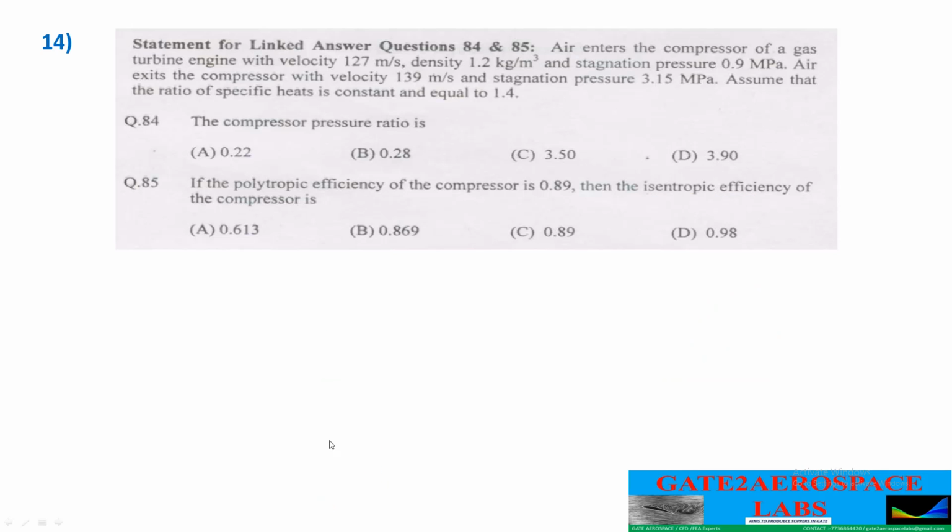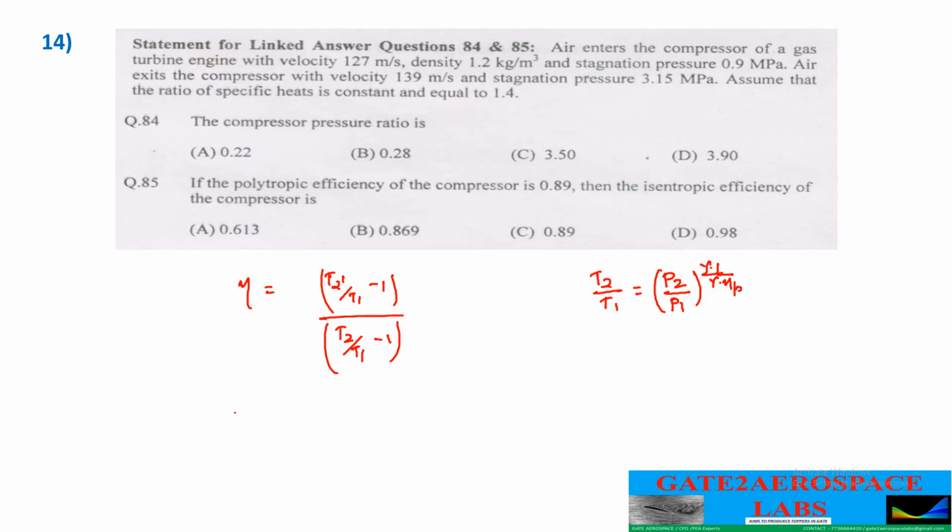Now we have seen that efficiency is given as (T2 dash by T1 minus 1) divided by (T2 by T1 minus 1). From our basic concept, T2 by T1 is given as (P2 by P1) to the power (gamma minus 1) by gamma into the polytropic efficiency. We can write the isentropic temperature ratio as Rp to the power (gamma minus 1) by gamma, minus 1, divided by this value, where Rp is the pressure ratio.